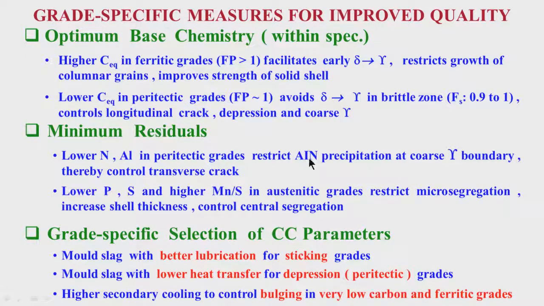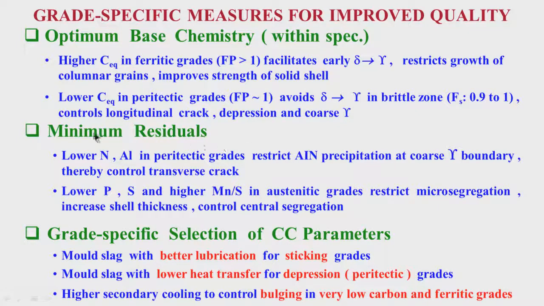So, what is the way out? Your nitrogen has to be low, aluminum has to be low. Normally we do killing with aluminum, but for that we need only maybe 0.02 aluminum, but sometimes people use more aluminum. So, unnecessarily you have more aluminum in steel, which might create this type of problem in peritectic grades, in grades which have about 0.1% carbon, or in grades like 304 austenitic stainless steel.